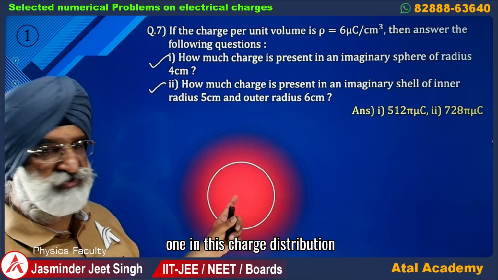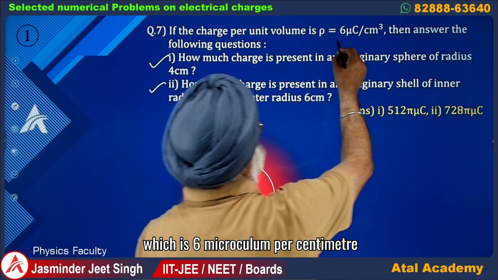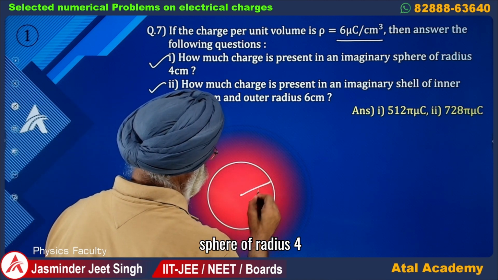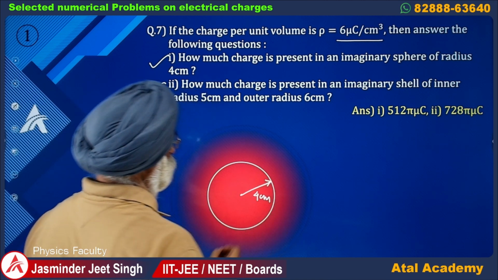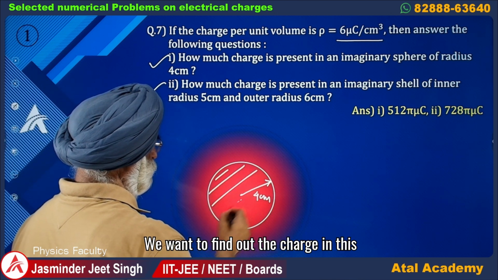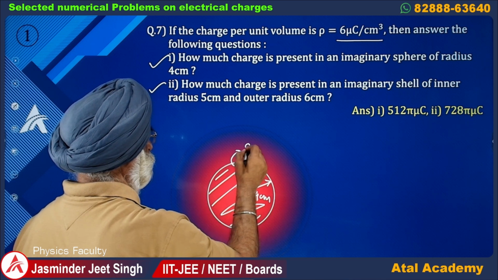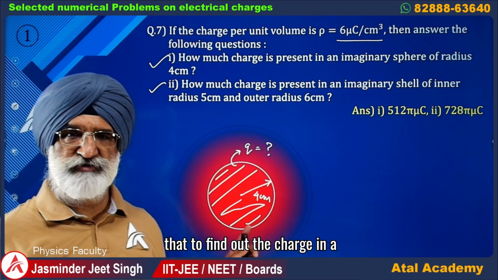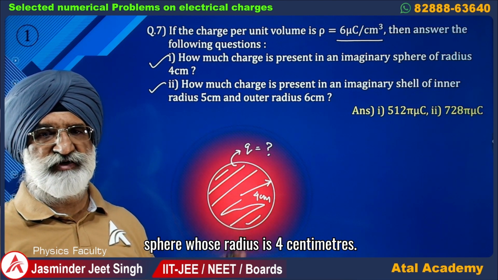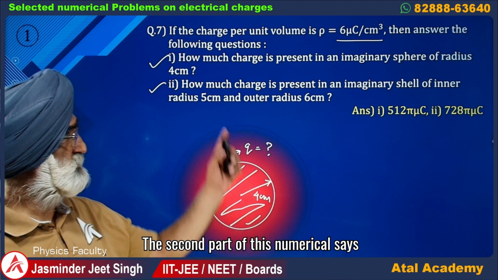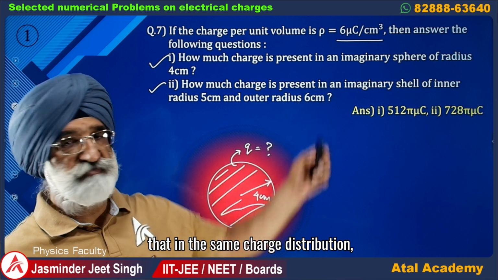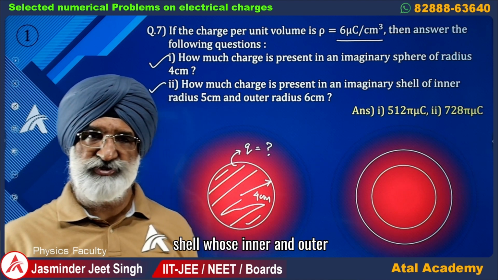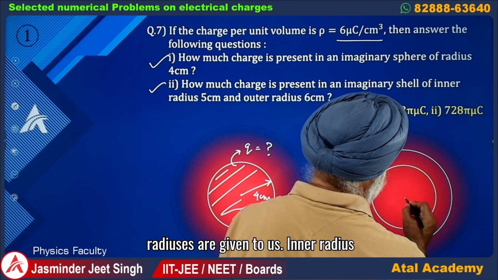First one, in this charge distribution, which is 6 microcoulomb per centimeter cube, we have got a sphere of radius 4 centimeters. We want to find out the charge in the sphere. The second part of this numerical says that in the same charge distribution, what will be the charge present in a spherical shell whose inner and outer radii are given to us.